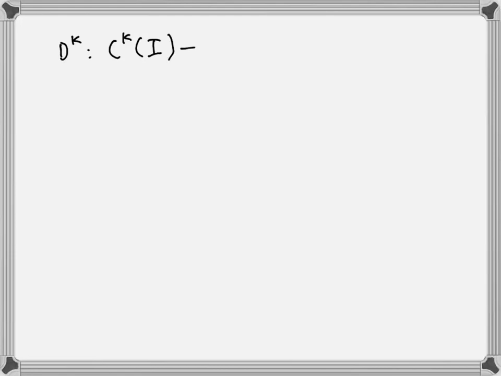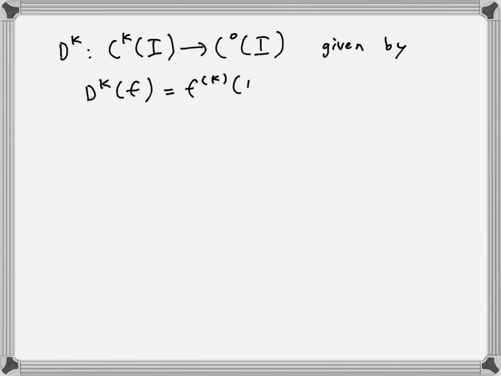And so this maps to C0 of I, right? So this map is given by D to the K of a function F is equal to the kth derivative of F. Let me back that up, right? Kth derivative. Okay.